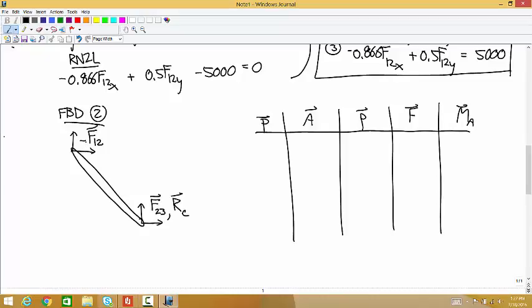Okay, so the force negative F12 acts at 0, positive 0.866. I'll put the about point at this joint C, so that's 0.50. Subtract to get the row vector. That's negative 0.5, positive 0.866.